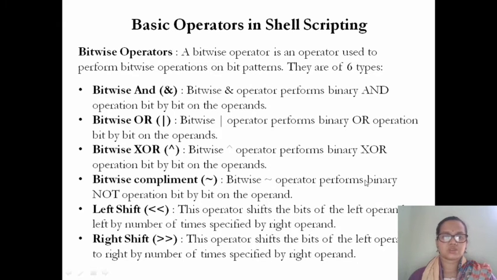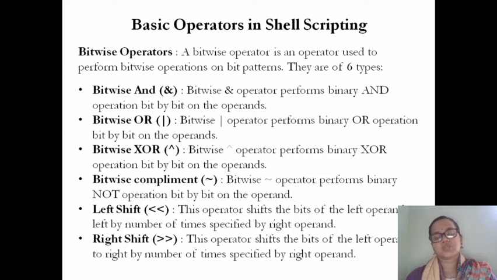Next, coming to the bitwise operators. A bitwise operator is used to perform bitwise operations on bit patterns. Here also we have 6 types. Bitwise AND performs the binary AND operation bit by bit.